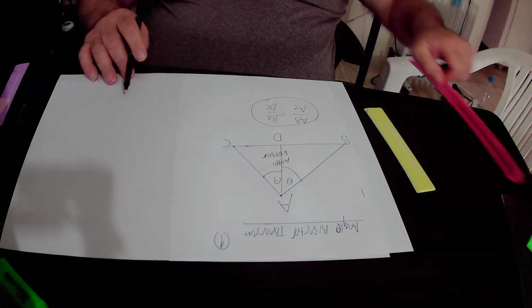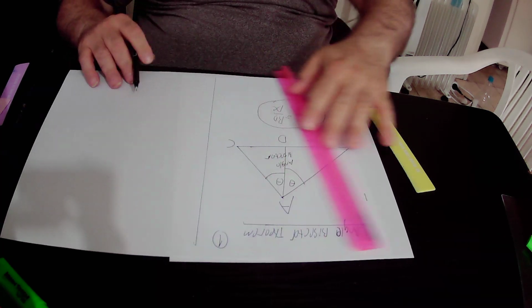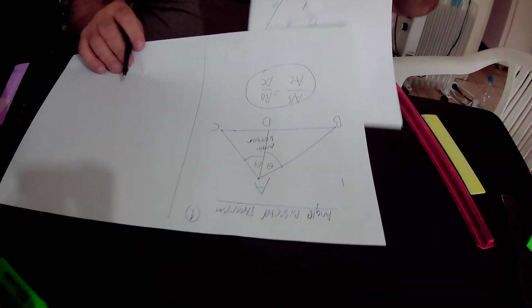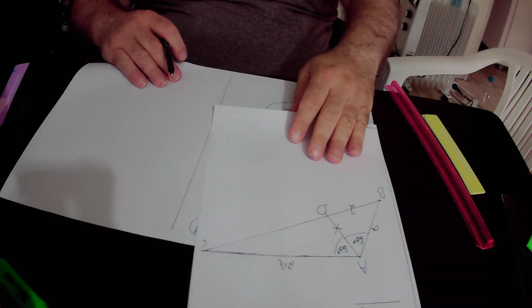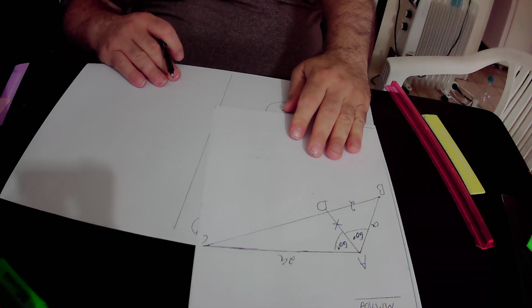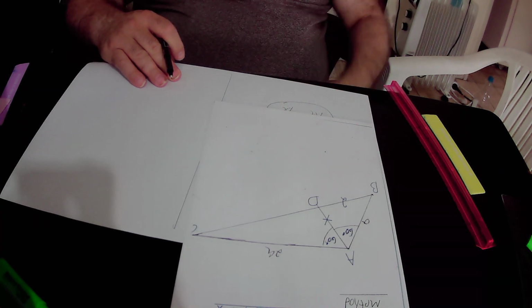You can apply the angle bisector theorem in our triangle ABC. As you can see from the drawing, AD is the angle bisector.